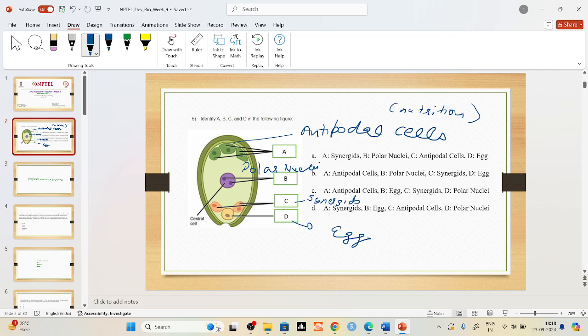So these synergids actually guide the pollen tube towards the egg during the fertilization process. Synergids guide the pollen tube towards the egg during fertilization.